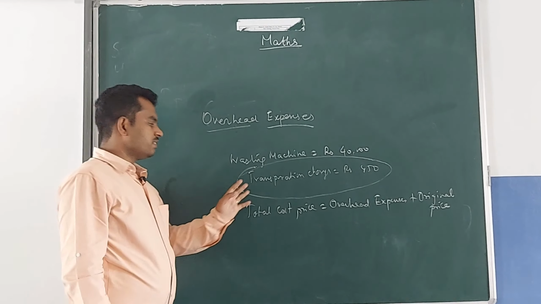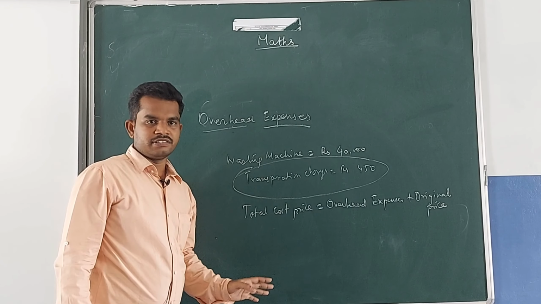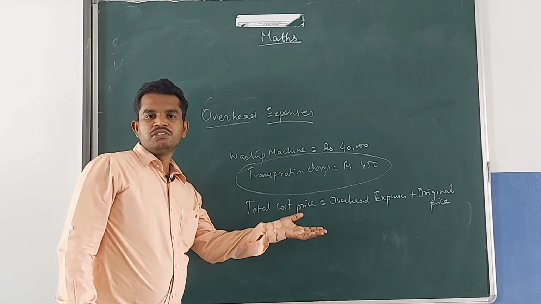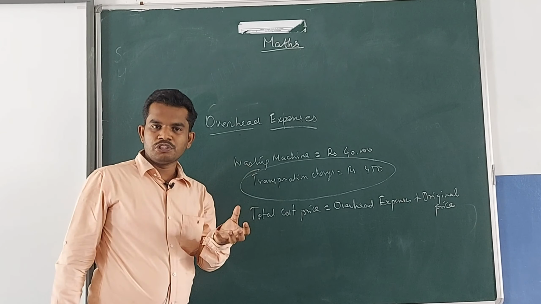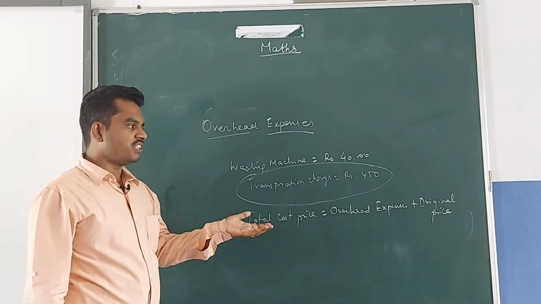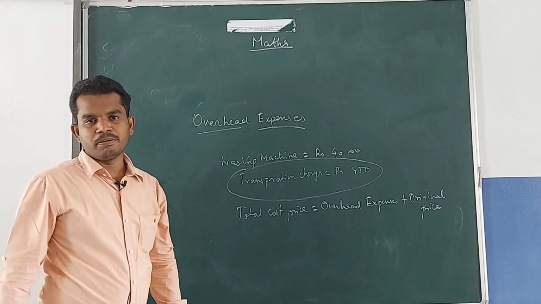Okay, so that charges is called overhead expenses. In every shop they are buying goods or selling goods, they need some transportation charges or service charges. So these charges are called overhead expenses.